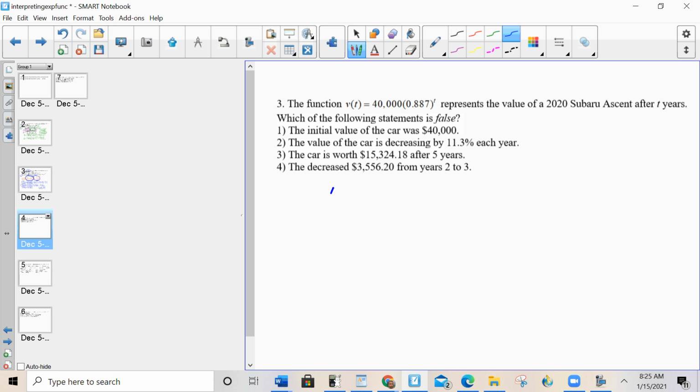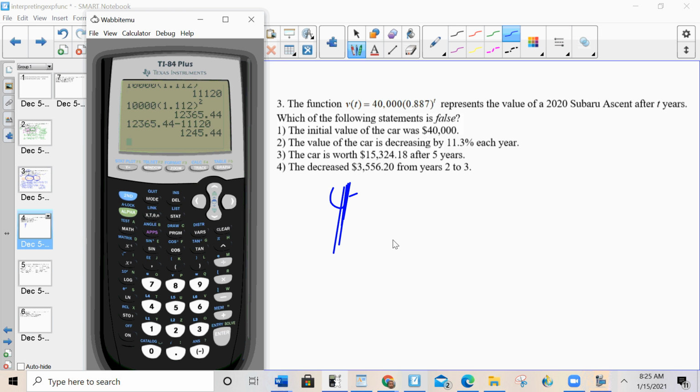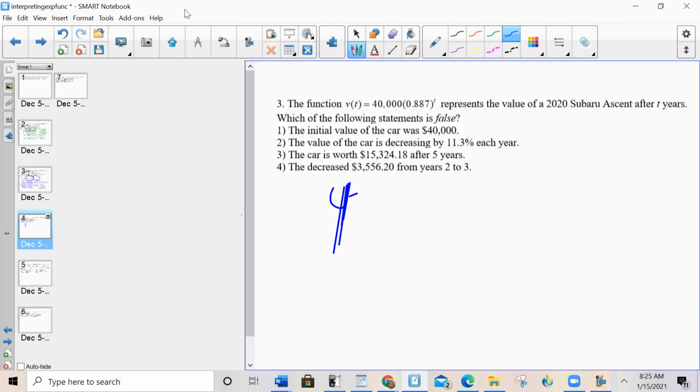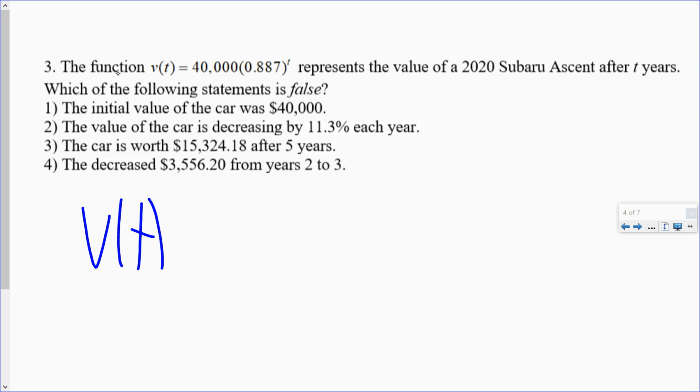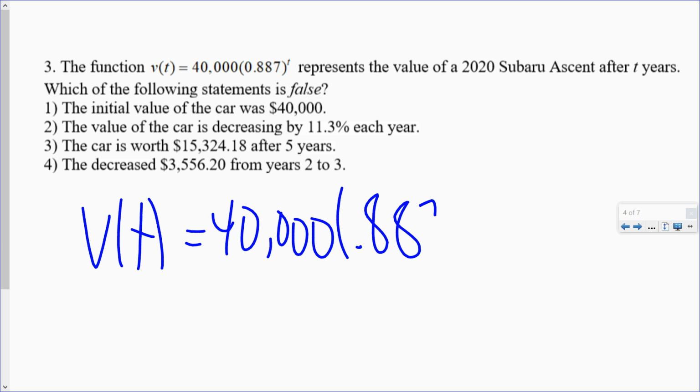I'm back. All right, so we have V of t equals 40,000 times 0.887 to the power of t. So without even looking at the choices, we're talking about the value of a car after t years.